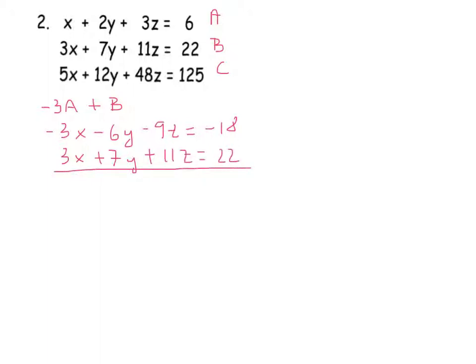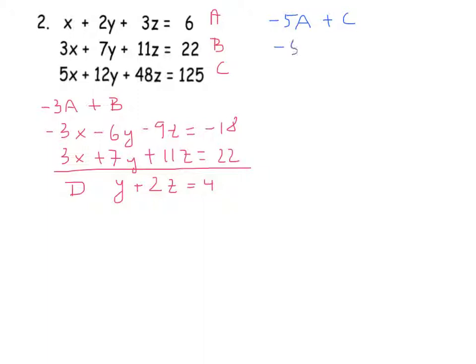If I add the two equations, I get y plus 2z equals 4. So this is my equation D. Then I will go ahead and multiply A by -5 and add C to it.